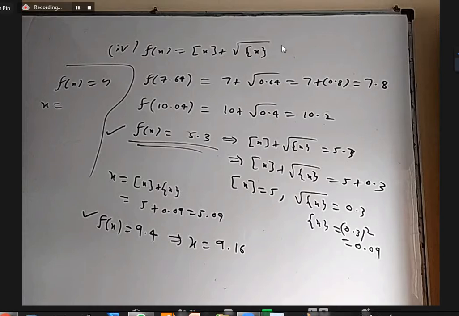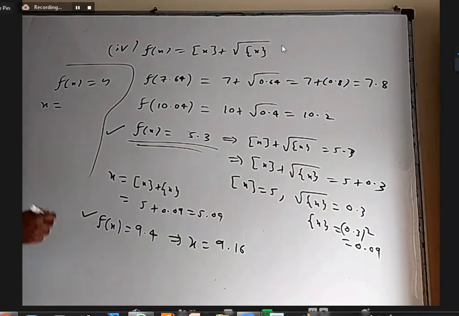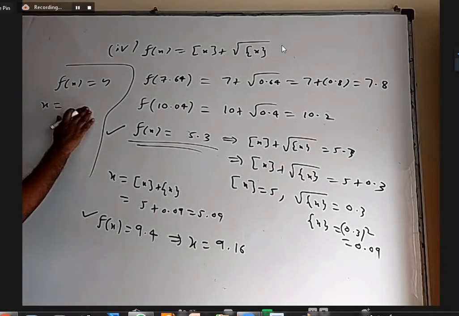Integer part of y plus fractional part of y whole square. Correct.